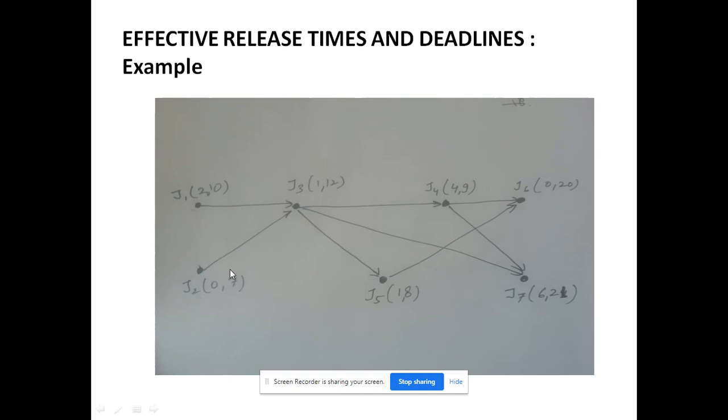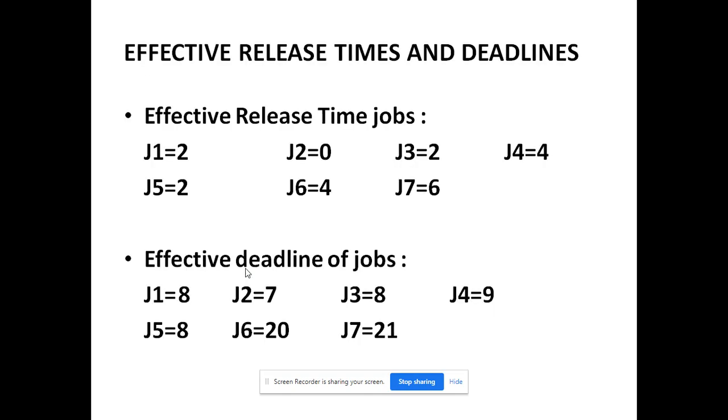The given deadline of J2 is 7, and the effective deadline of J3, already calculated, is 8. So the minimum value is 7. So the effective deadline of J2 is 7. So J1 is 8, J2 is 7.